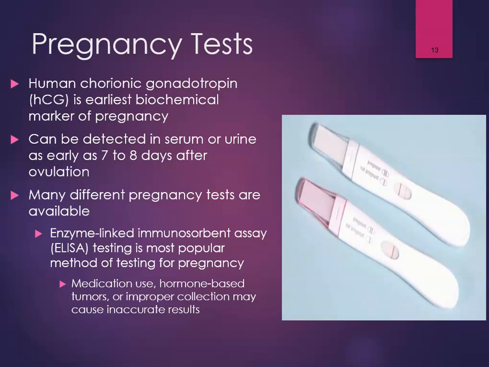Things like certain medications, certain tumors, prostatic cancer, for instance. A man shouldn't have a positive pregnancy test, but if they have prostate cancer, they could, because of those hormones that are released related to that. So it is possible to have an inaccurate test result because of some of those factors.